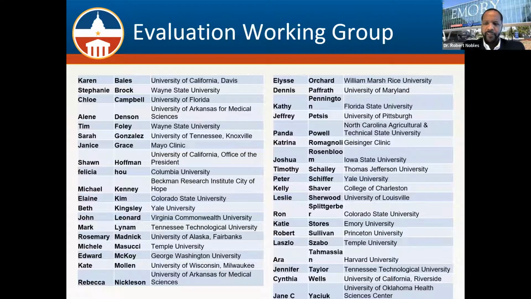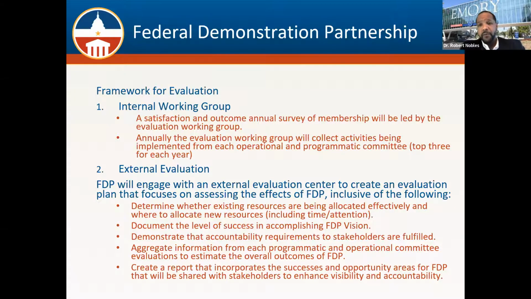But with this plan, and just to give you the meat of it, next slide, is this component that we have an internal working group within FDP that will become a new working group to annually collect information from membership, right?